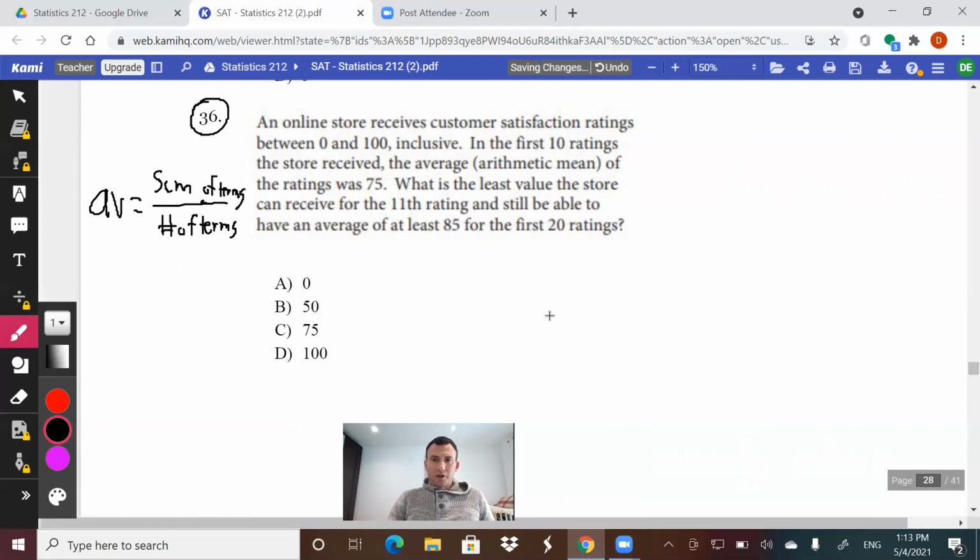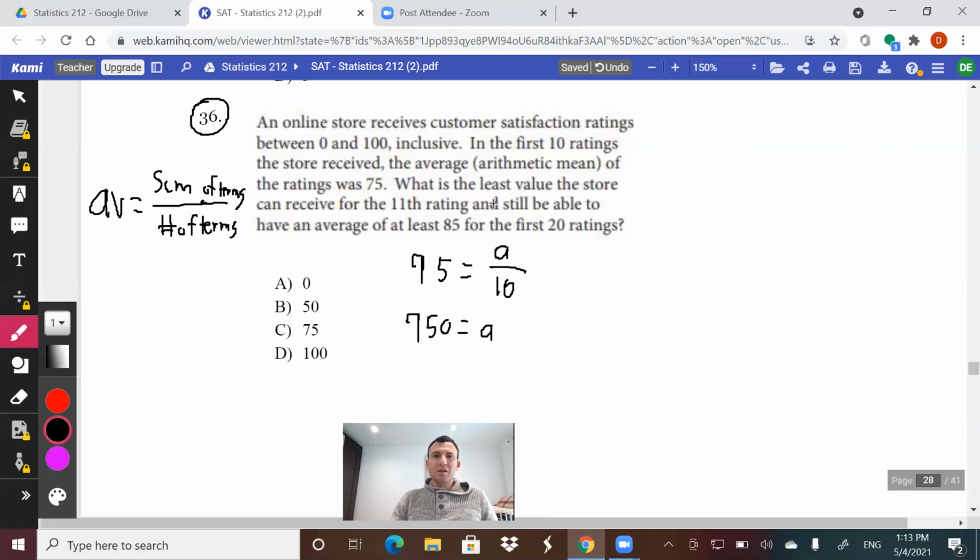What we know first is that the first 10 ratings received an average of 75. So 75 equals the first 10, we'll call the first 10 A, divided by 10. So the sum of the first 10 is going to be 750. So that's the first 10.